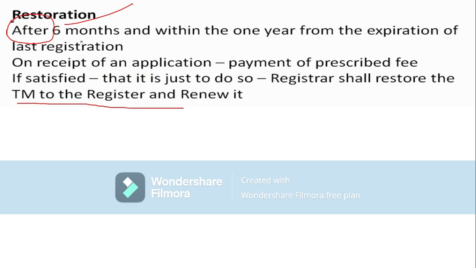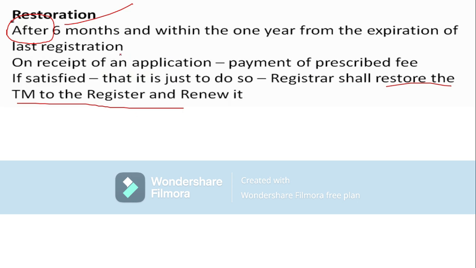So if we have not renewed our trademark within the specified period, then after 6 months and within 1 year, on receipt of an application from the applicant along with the prescribed fee, if the registrar is satisfied, the registrar shall restore the trademark.